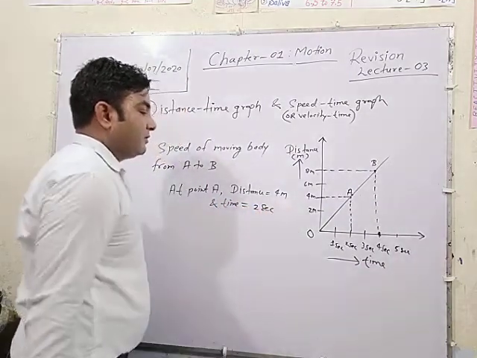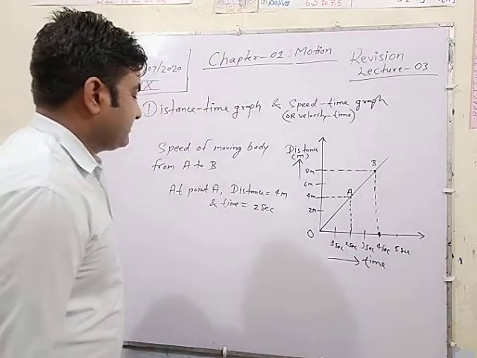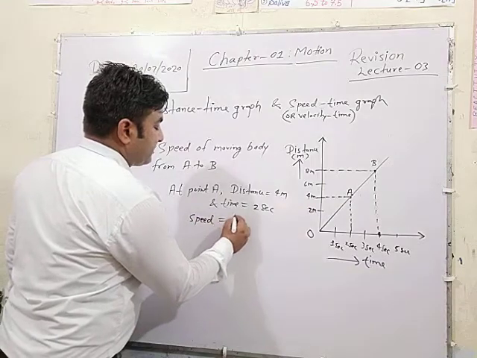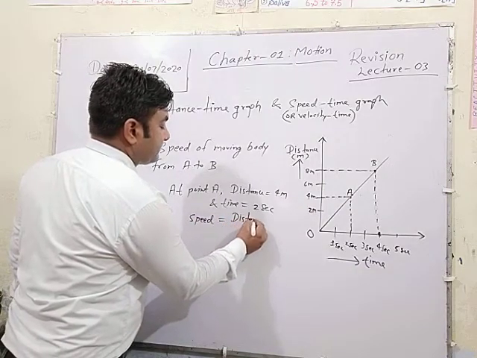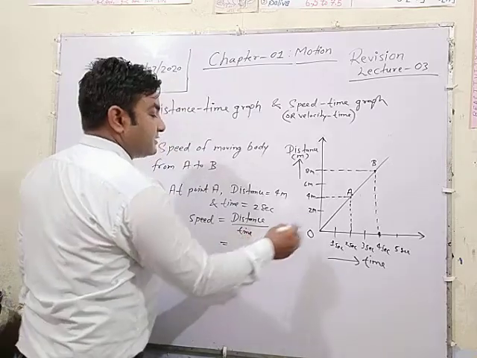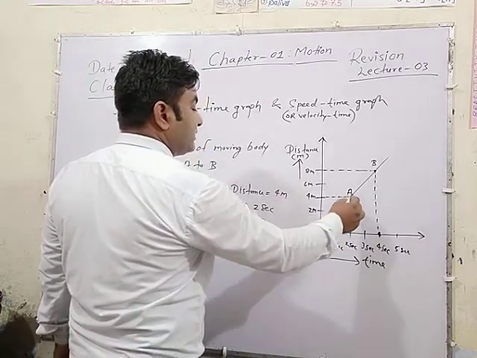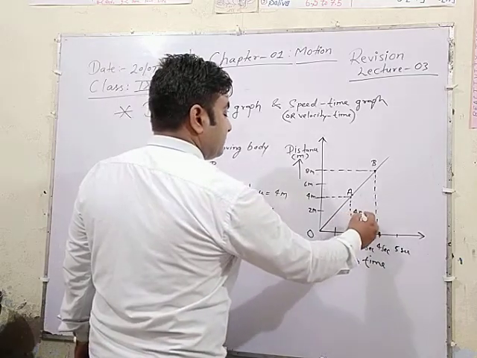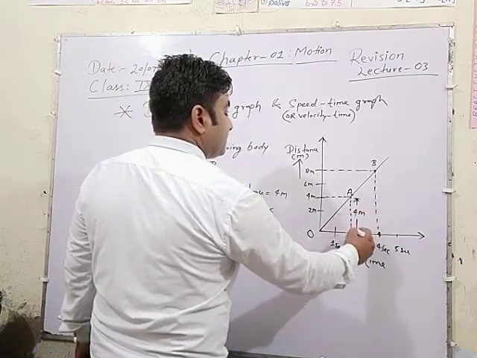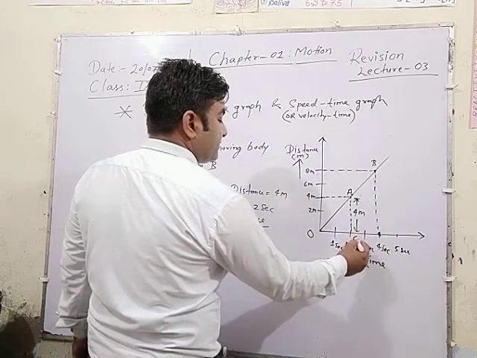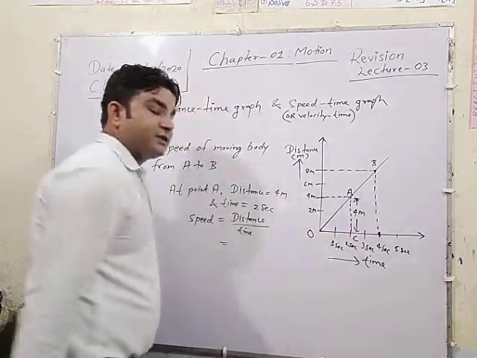Then speed is equal to distance upon time. Distance from O to A at point A is 4 meter, and time from O to C, suppose this is point C, is 2 seconds.